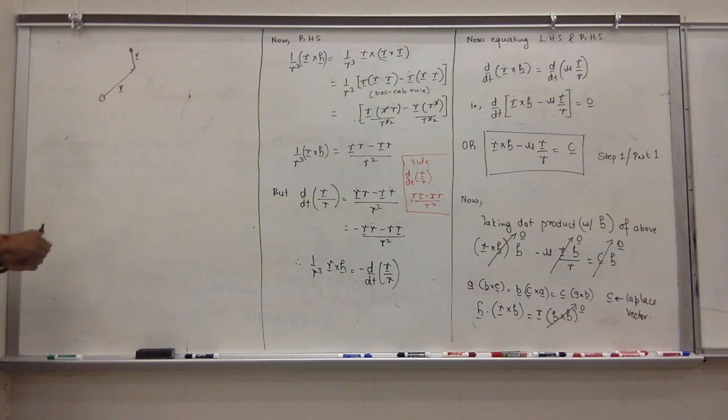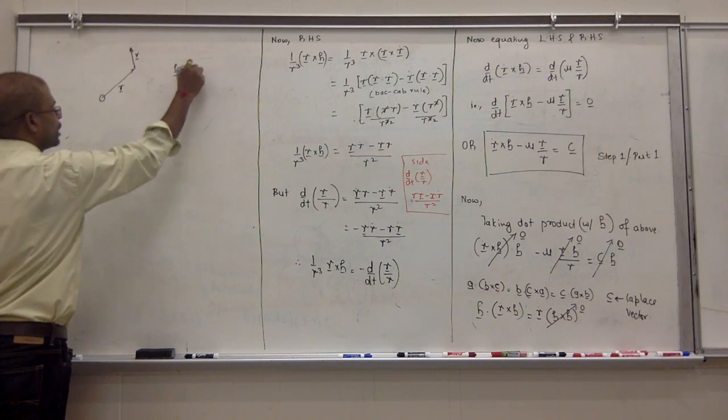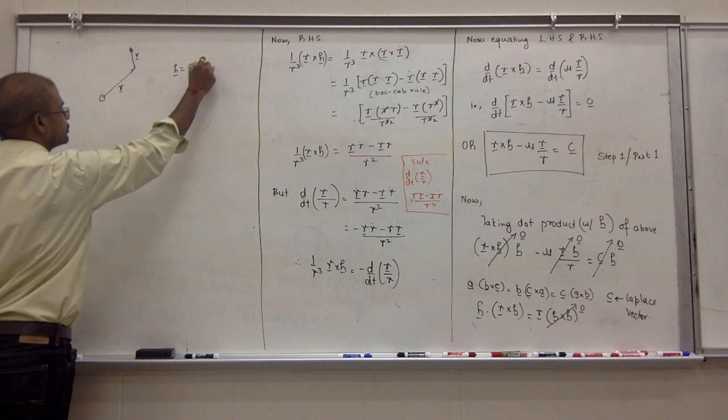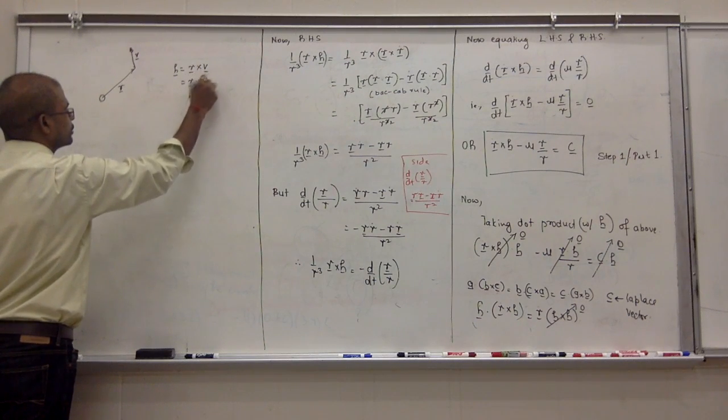You see why? H is R cross V, what is H? H is equal to R cross with V, right? Or R cross with R dot.